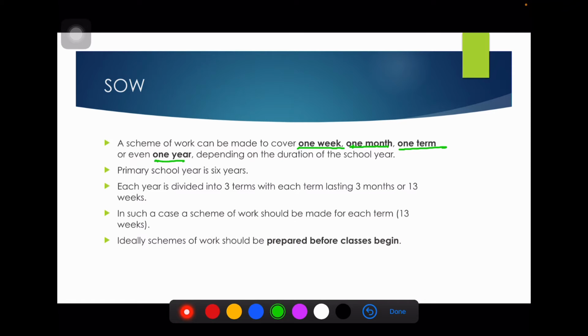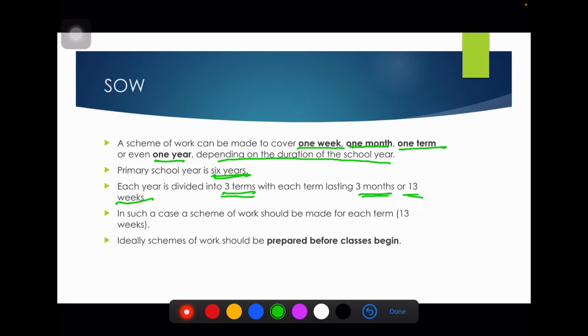So these are all scheme of work, depending on the duration of the school year. For primary school, that means 6 years. Every year is divided into 3 terms, and each term will last 3 months or 13 weeks. So then you're breaking it down into months, into weeks.